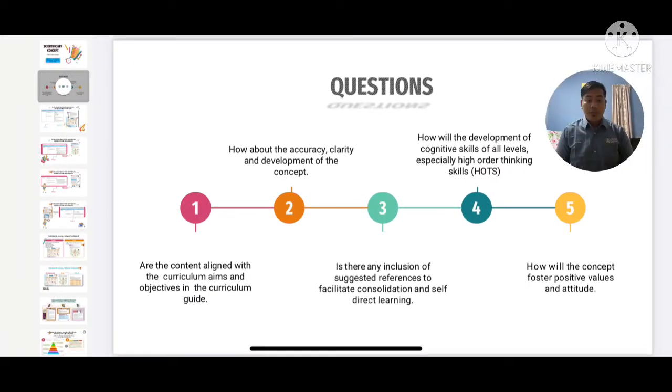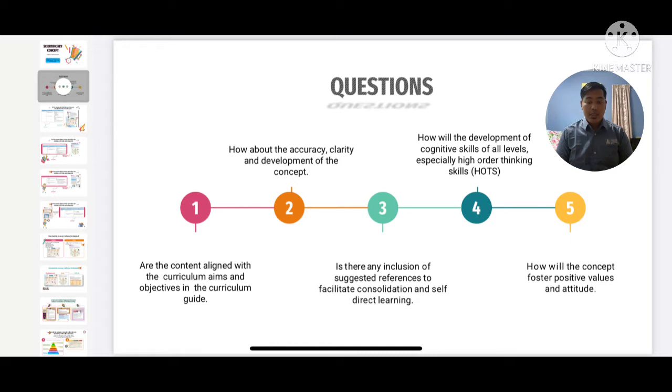Now, we move to the next slide, which is question. I have chosen to answer 5 questions that maybe will be asked. The first question is, is the content aligned with the curriculum aims and objective in the curriculum guide? The second is, how about the accuracy, clarity and development of the concept?